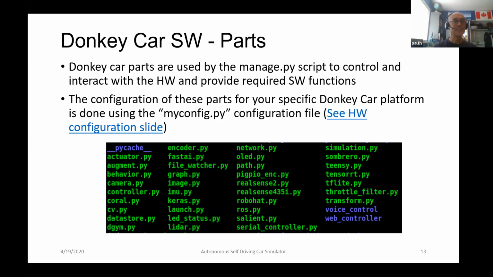You can see there's a camera here, there's one for the OLED, and here I saw the LiDAR one. A lot of these I haven't tried at all. But if you have a more advanced donkey car, you might have, for example, a 3D camera, the RealSense camera that gives depth information. So that's a driver for that.